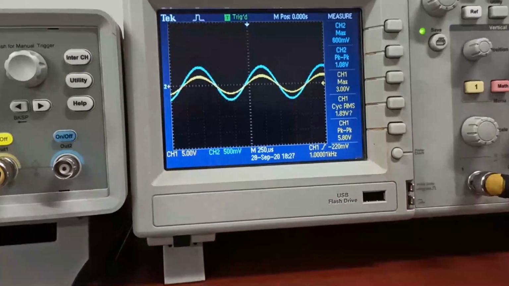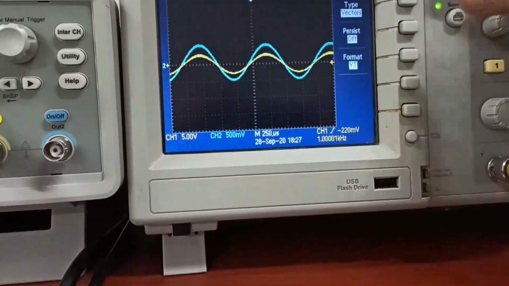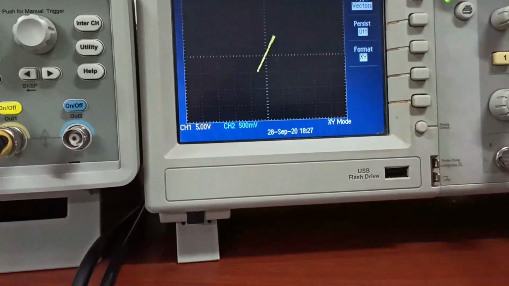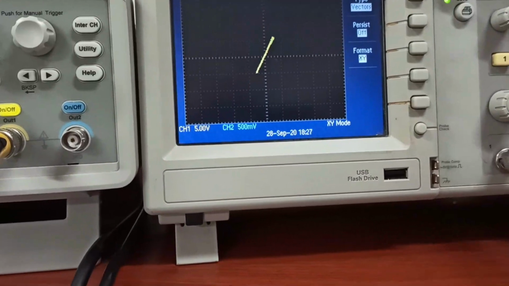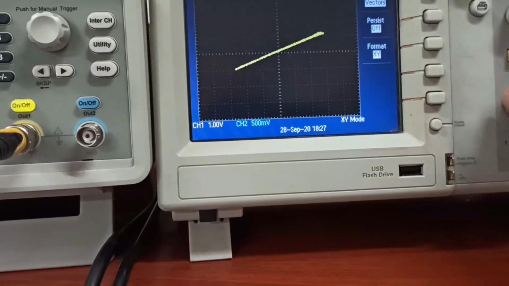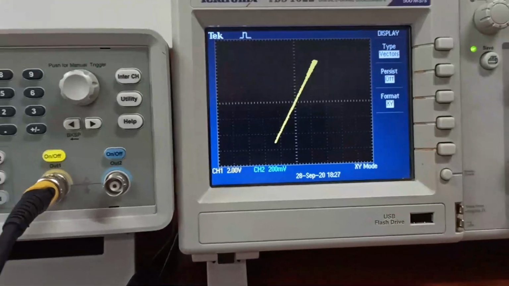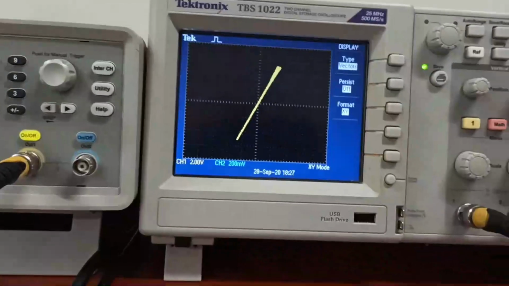Now we will see its input output characteristics. Okay, I am changing it to XY format. See, this is what I am getting now. This is the transfer characteristics I am getting.